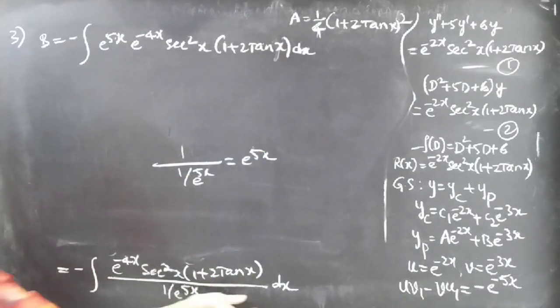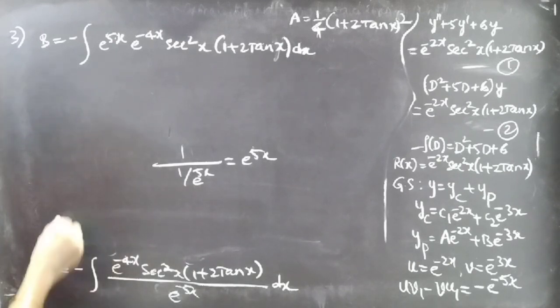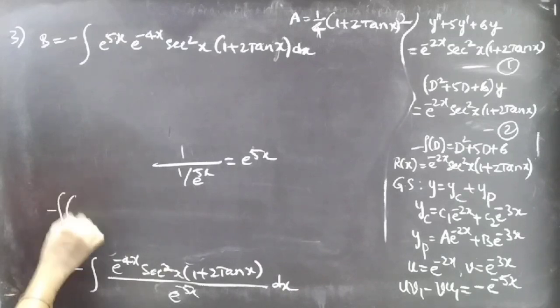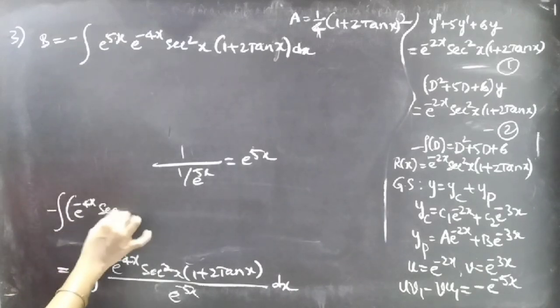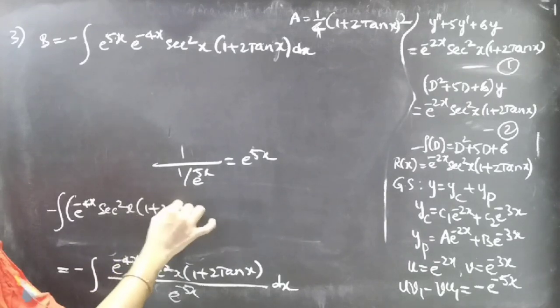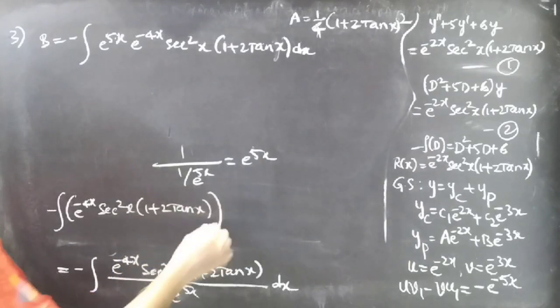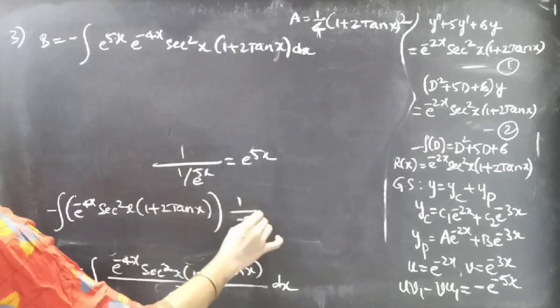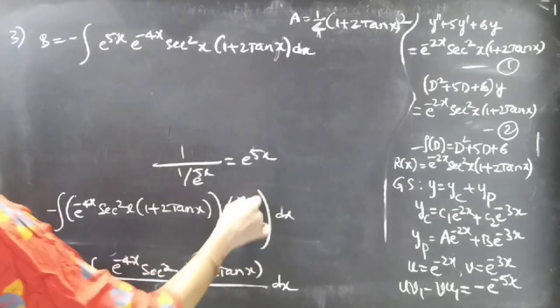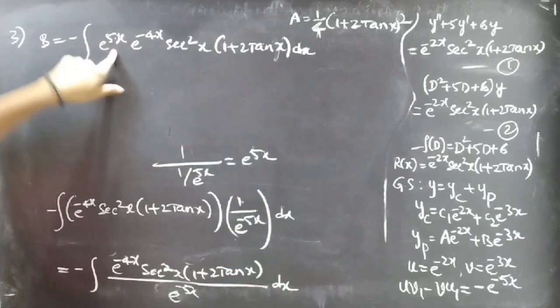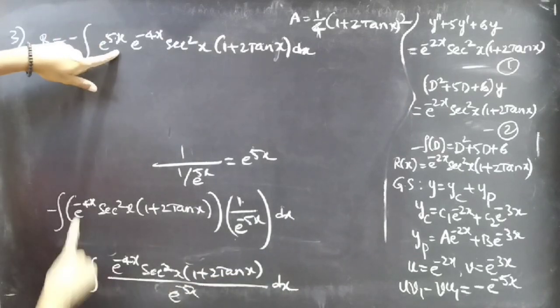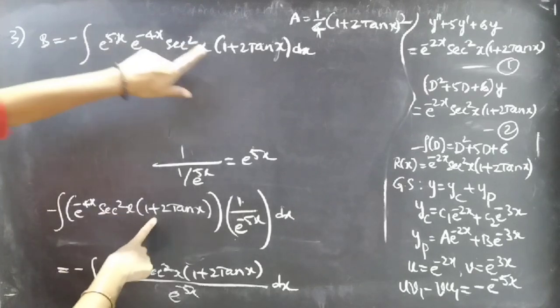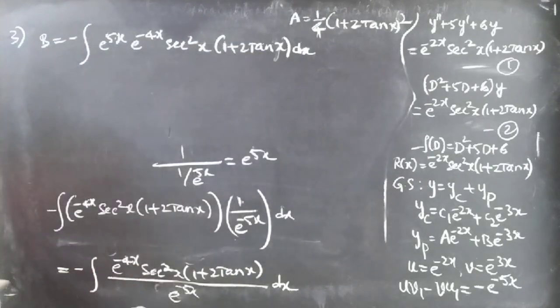In case you want to separate the fraction, just split it as minus integral of e power minus 4x secant square x of 1 plus 2 tan x into 1 by e power minus 5x. 1 by e power minus 5x is e power 5x. So again you'll get e power 5x into e power minus 4x secant square x of 1 plus 2 tan x into dx. So you'll get the same thing.